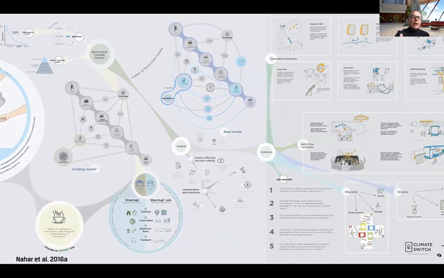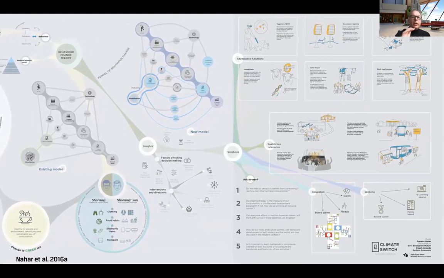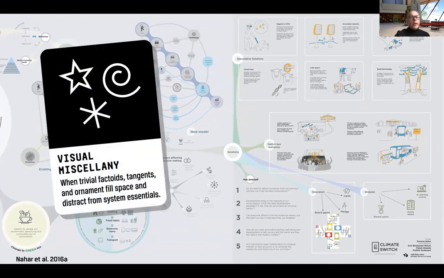This has a high level of abstraction to it, but you notice that there are things that are smaller and larger depending on their level of importance. And there's a lot of differentiation between different pieces of this. One of the things to worry about with something like this, however, is that you want to avoid miscellany, too much visual miscellany, or too many trivial elements like factoids or tangents or relatively unimportant things taking up a lot of space with a graphic like this.